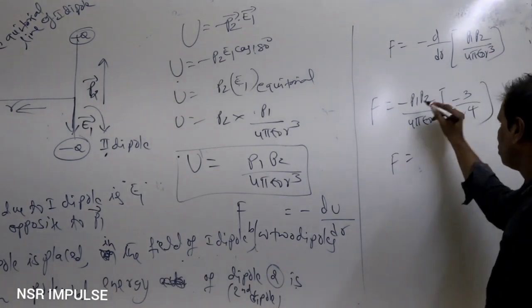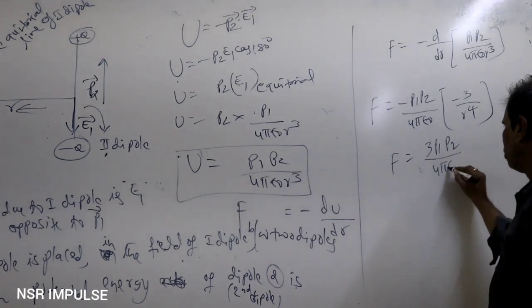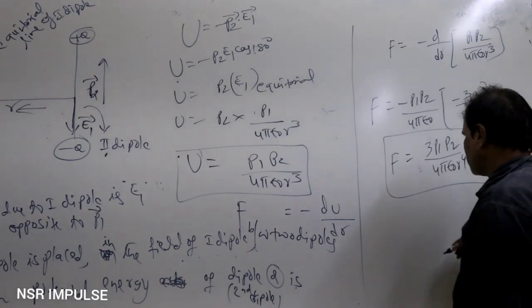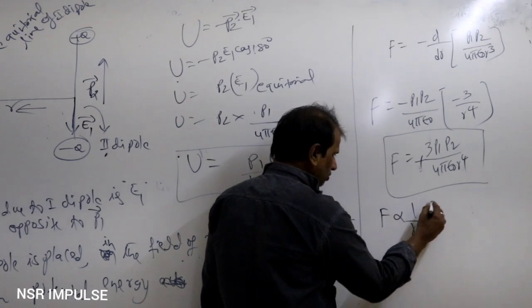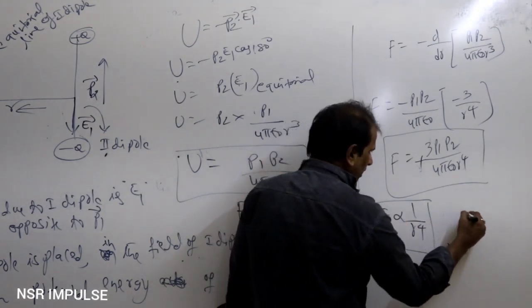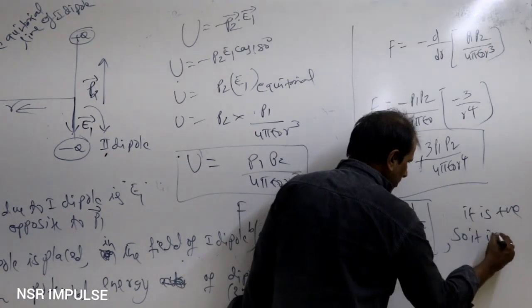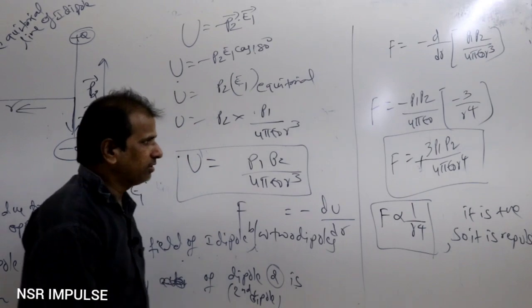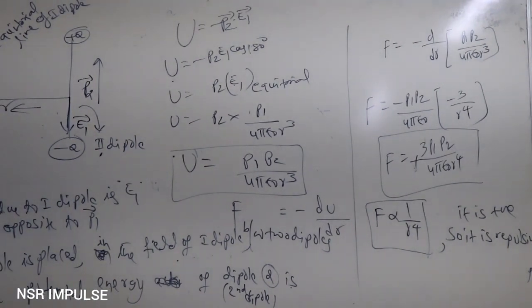So force is equal to 3 P1 P2 by 4 pi epsilon naught r power 4. This force is positive and inversely proportional to r power 4, so it is repulsive. This is about the force between two dipoles.